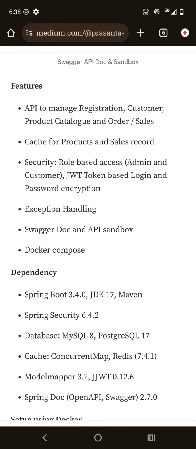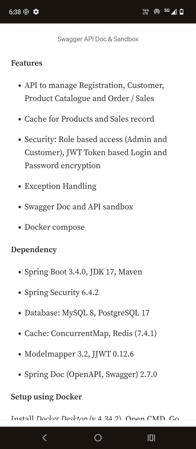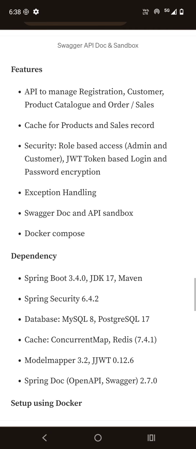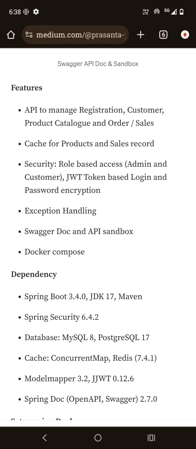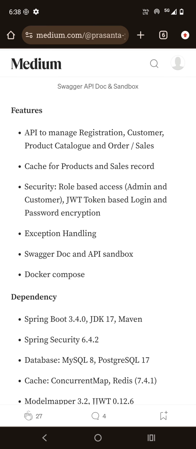Okay, Docker Compose. So Docker Compose, you can use it. My best suggestion is, most people don't go for Docker Compose. They'll enable each and every individual component separately. Let's say you want to use Kafka, you want to use a Redis database, you want to use some other third-party mechanism.